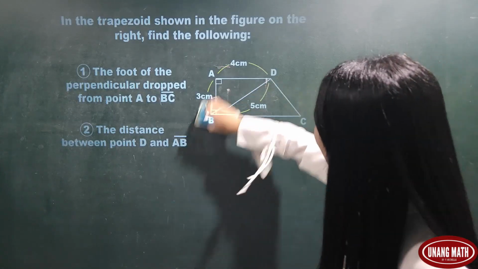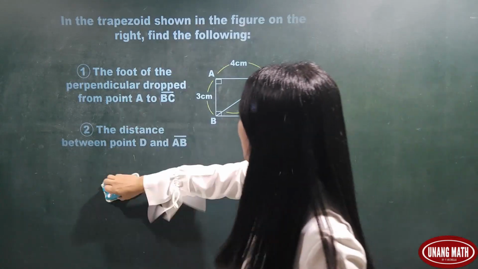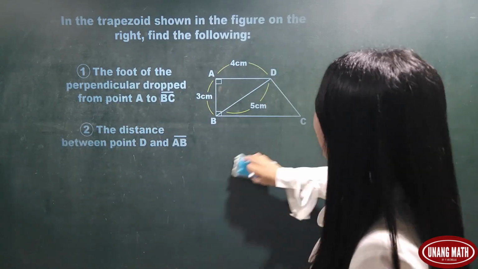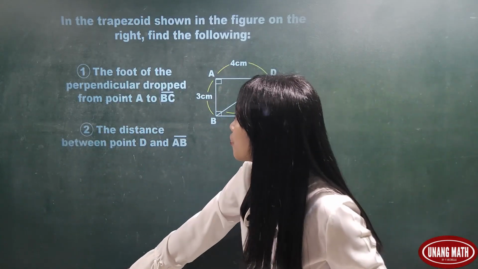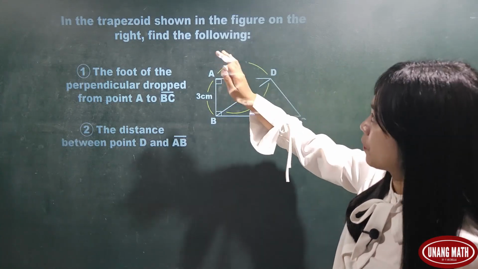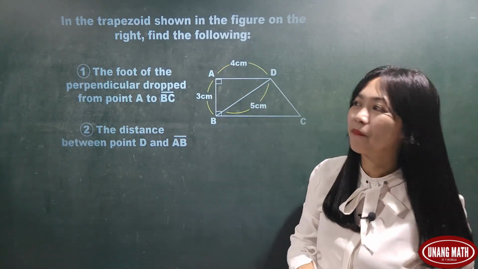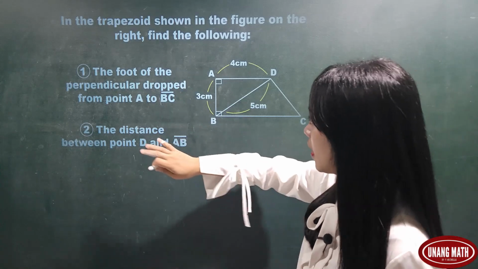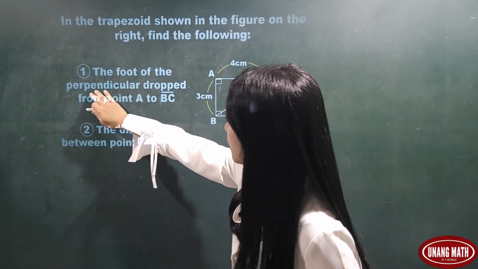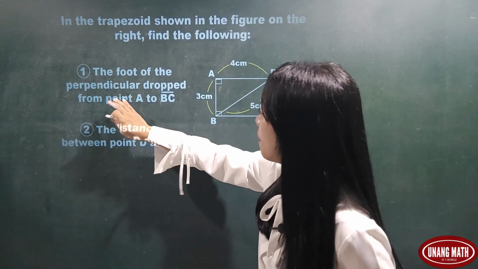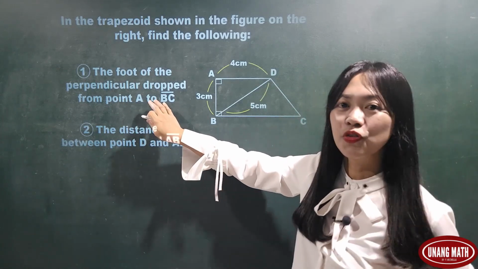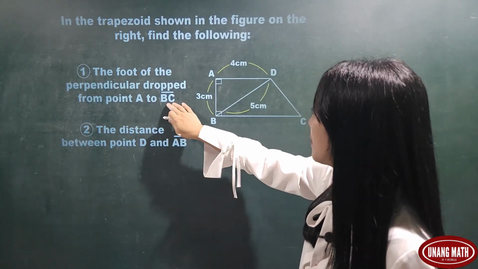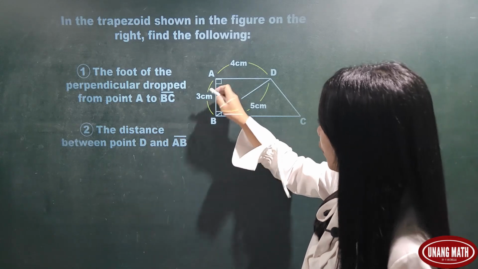Okay, now let's answer this simple activity. In the trapezoid shown in the figure on the right, we will find the following. The first question is, the foot of the perpendicular dropped from point A to segment BC. Where is point A?